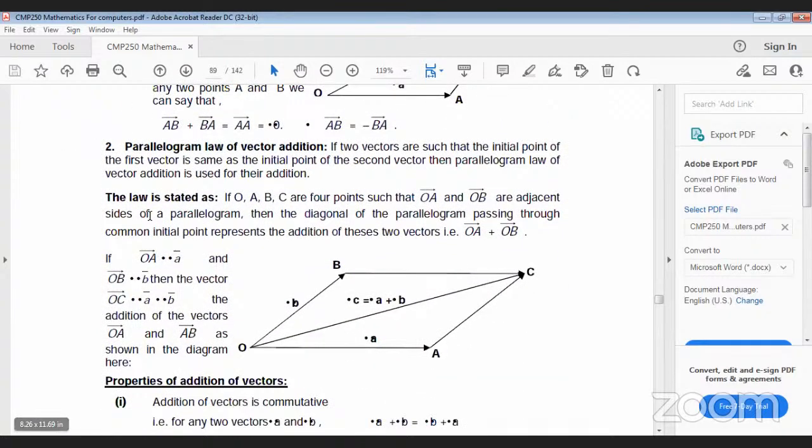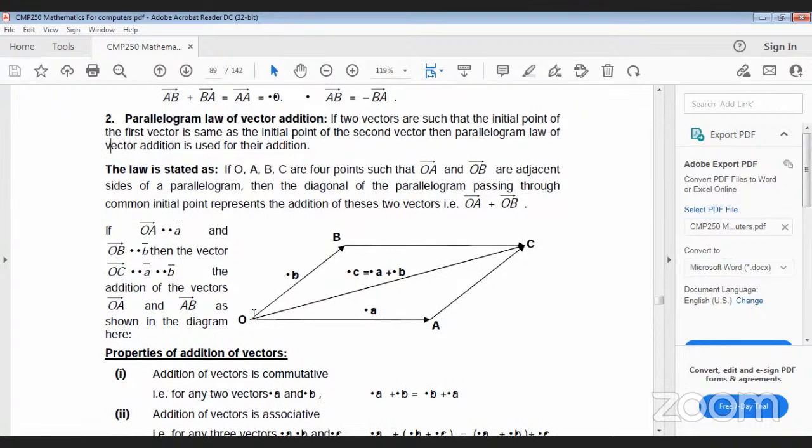Now the parallelogram law of vector addition. If two vectors are such that the initial point of the first vector is the same as the initial point of the second vector, then the parallelogram law of vector addition is used for the addition. You can see from here, the initial point for both of these vectors is the same, correct? Let's see the law.